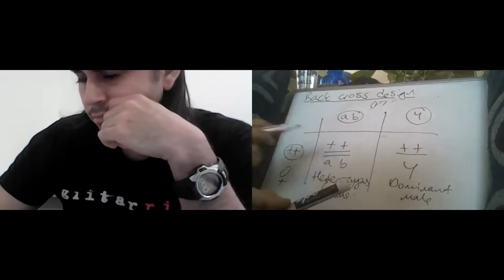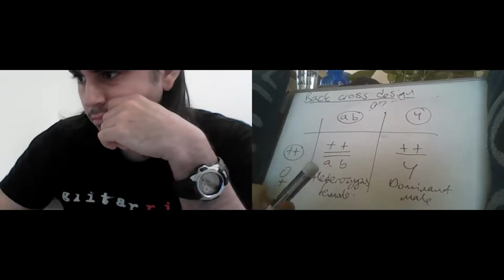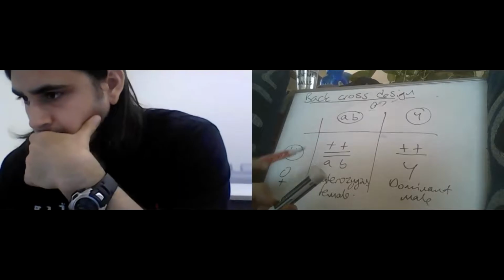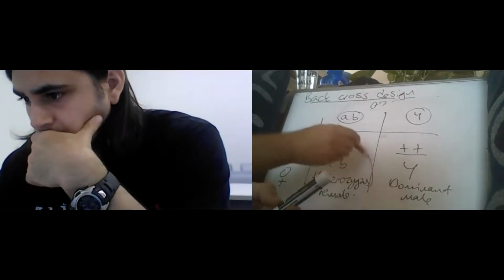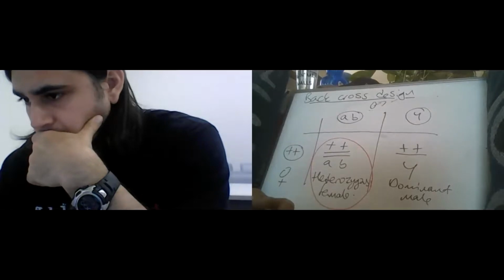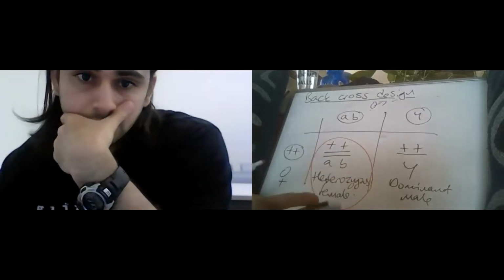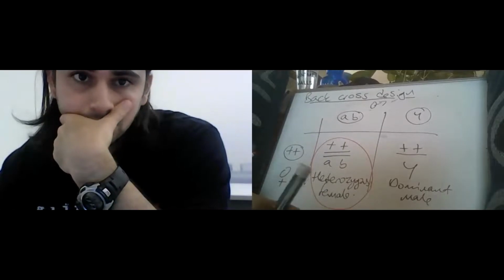And so remember at the beginning, what we need are individuals that are heterozygous for both genes. That's these ones. So we're not going to cross these two. We're not going to cross the siblings with each other.